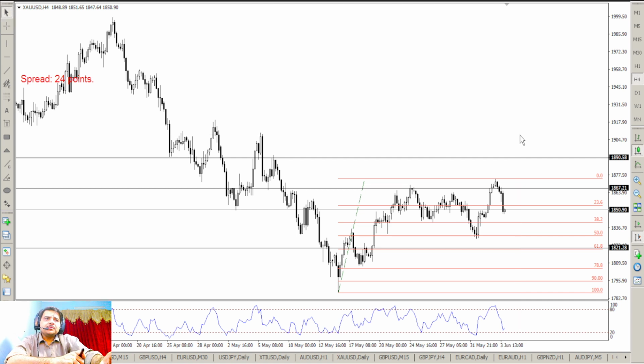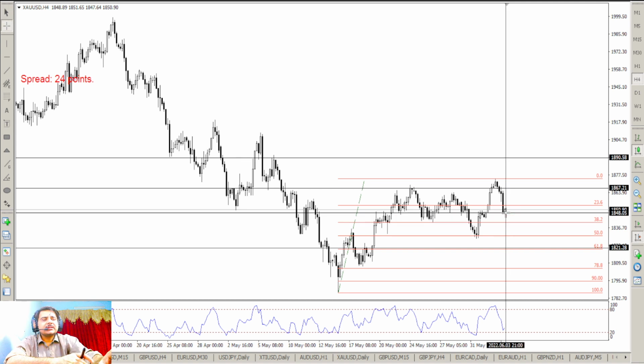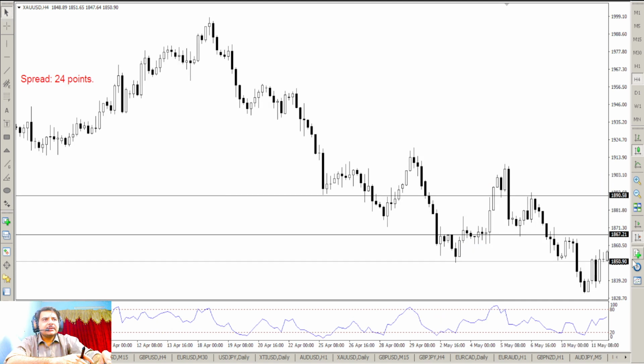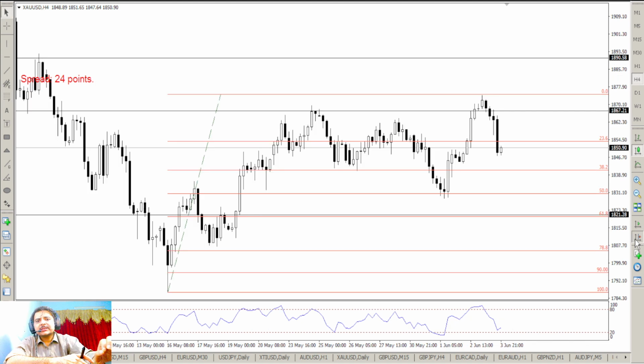So now, at the moment, price is already at this 61.8% retracement of this impulsive wave. So let me study it a little bit and also try to understand the method through which I analyze these markets.